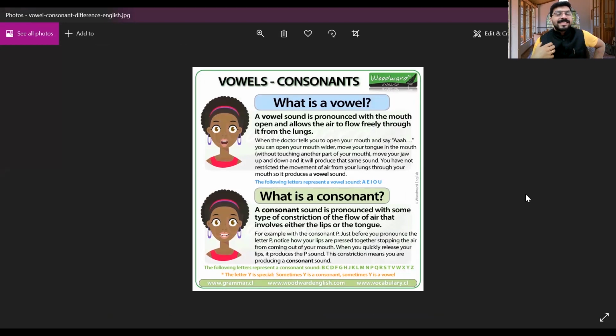There is no obstruction to the air passage from the lungs. When the doctor tells you to open your mouth and say, ah, you can open your mouth wider, move your tongue in the mouth without touching another part of your mouth, move your jaw up and down, and it will produce the same sound. You have not restricted the movement of air from your lungs through your mouth, so it produces a vowel sound. So a vowel sound is clear to you.